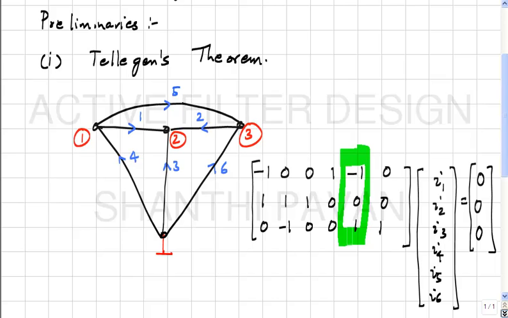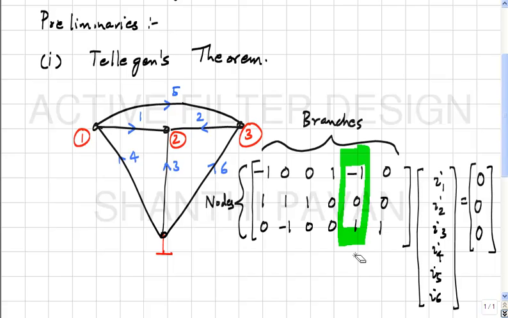Branch 5 leaves node 1 and enters node 3. Okay. So these columns represent the branches and these rows represent the nodes. Does it make sense?